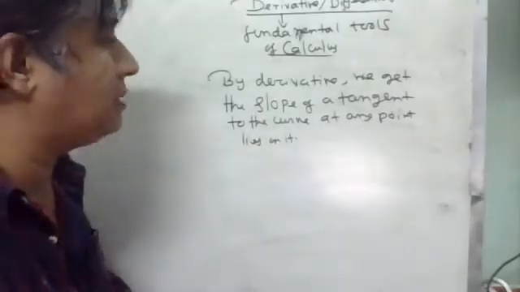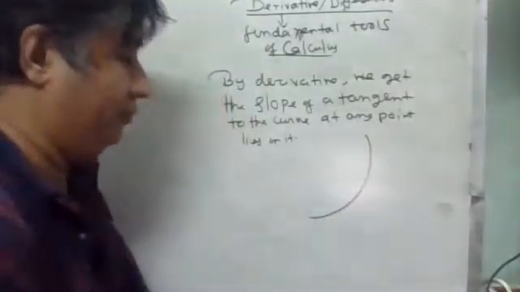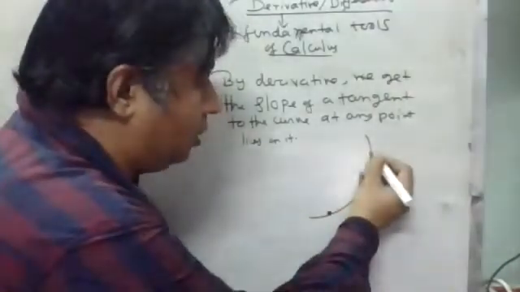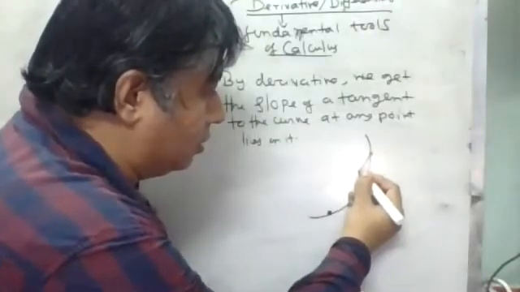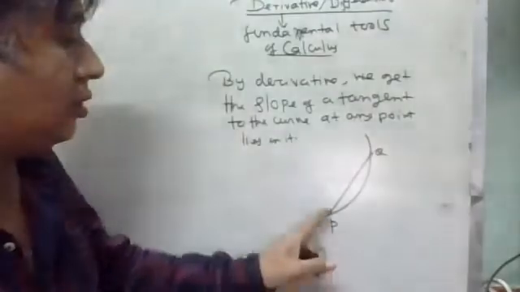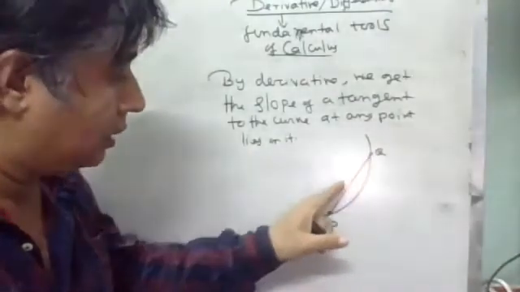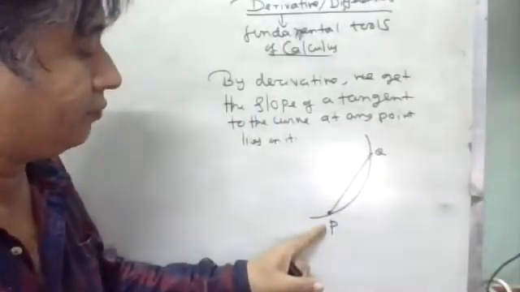Now, how is derivative related to tangent? Let us take one smooth curve and two points we are taking on this curve, and let's join them by a line. This line is called a chord.